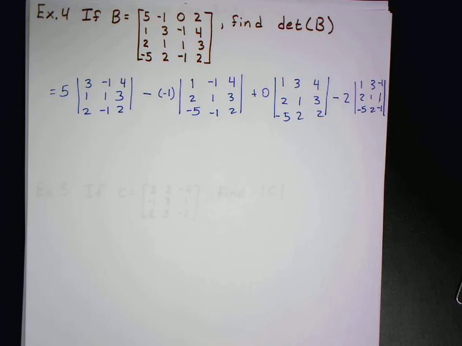Then you'd have to go through and do the determinant of each of those 3x3s. Yeah, the third one would disappear because it's times 0.